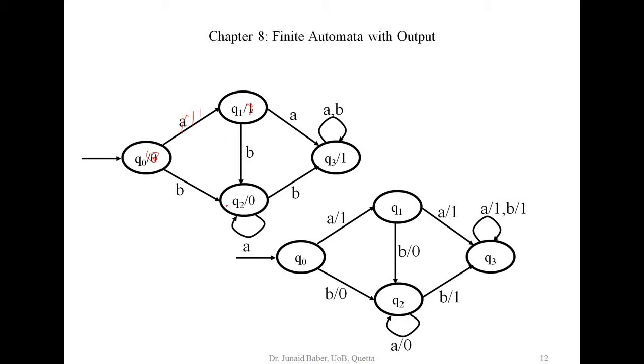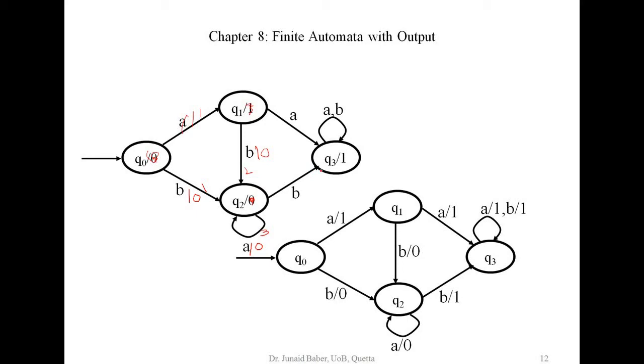When we come to Q2, find out the incoming edges. How many incoming edges are there? 1, 2, and this is 3. There are 3 incoming edges to Q2. So if you want to remove this 0, this should be 0, this should be 0, and this should be 0. Then you can remove this.